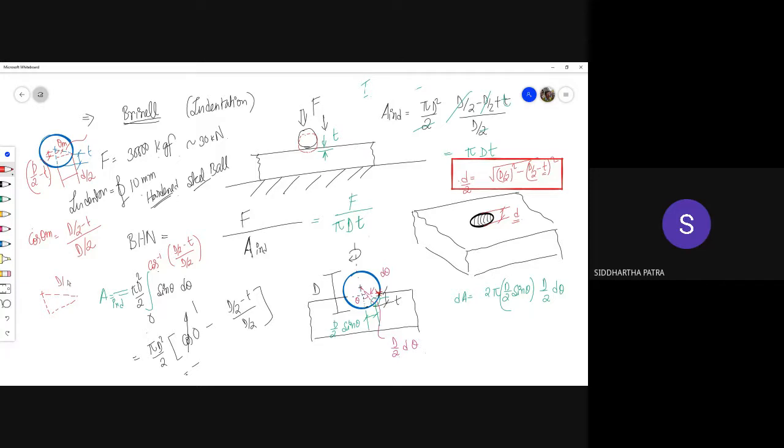This is the radius of the indenter, which is capital D divided by 2. And this much is, let's say, the depth of indentation. So length of this side should be capital D by 2 minus t. And this side is small d by 2. So this small d is the diameter of the indentation. Imagine this is that segment of the indentation.